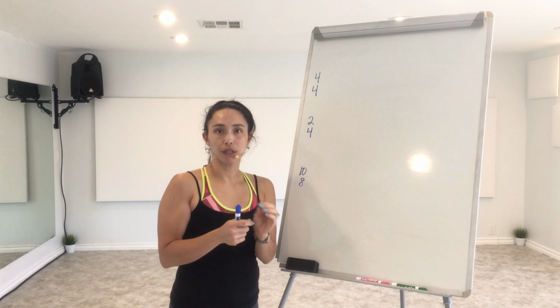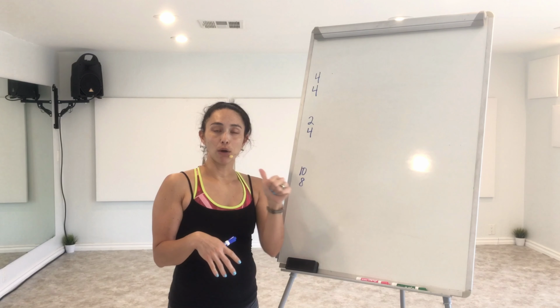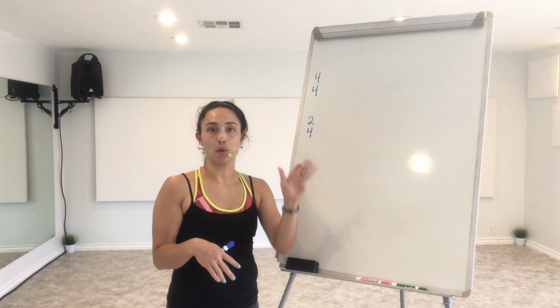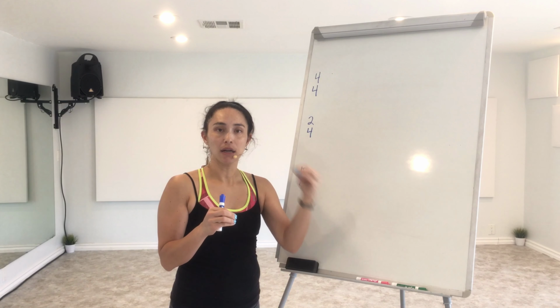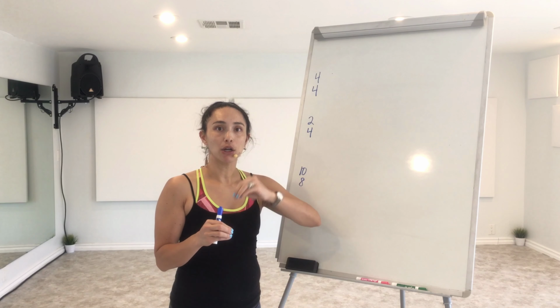Let's use beledi because beledi is a 4/4 rhythm. You would count 1, 2, 3, 4, 1, 2, 3, 4, 1, 2, 3, 4. And by the time you end count 4, you are ready to repeat the rhythm going back to count 1.